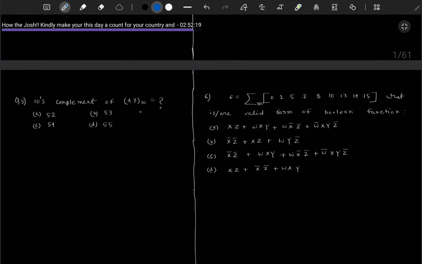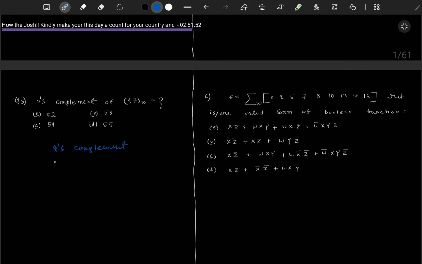Tens complement of 47 in base 10, equal to what? First we can find out the nines complement.